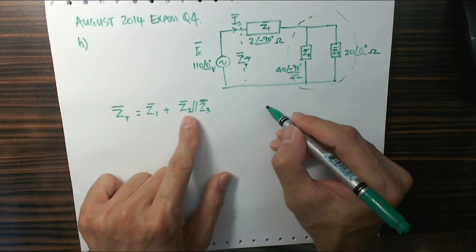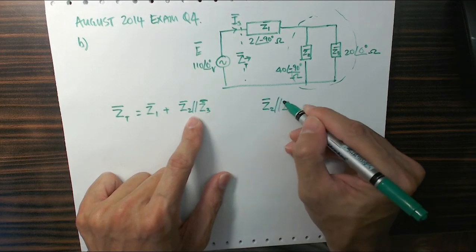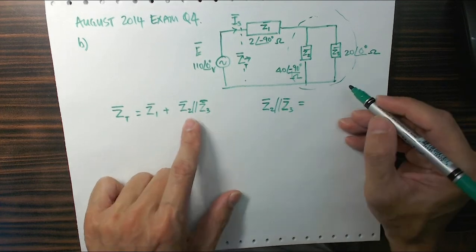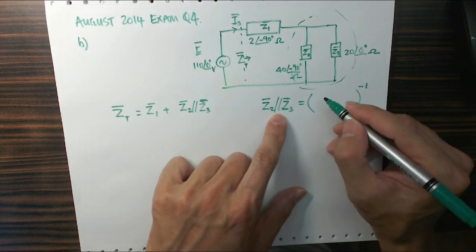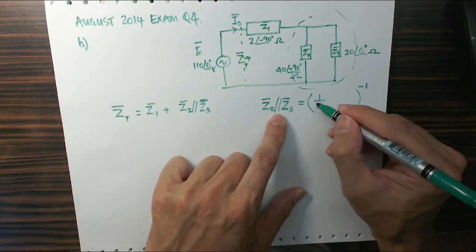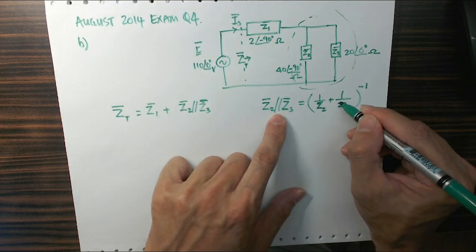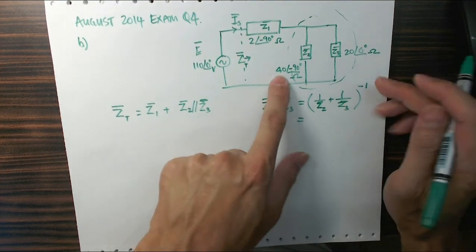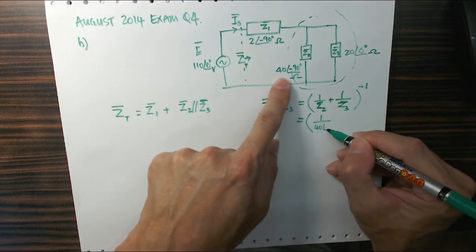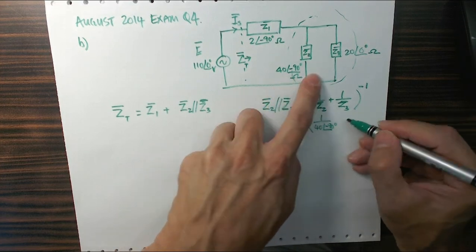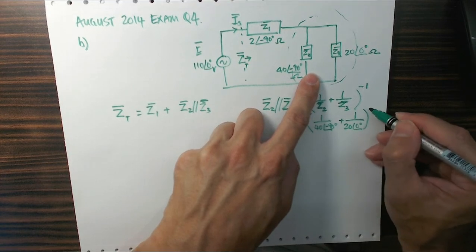Let's do the calculation for this one first. The impedance of Z2 in parallel with Z3 is equal to the inverse of 1 upon Z2 plus 1 upon Z3. Since they are in polar form, we just use them as they are. So it's 1 upon 40 at an angle of minus 90 degrees, plus 1 upon 20 at an angle of 0 degrees, the inverse of this.